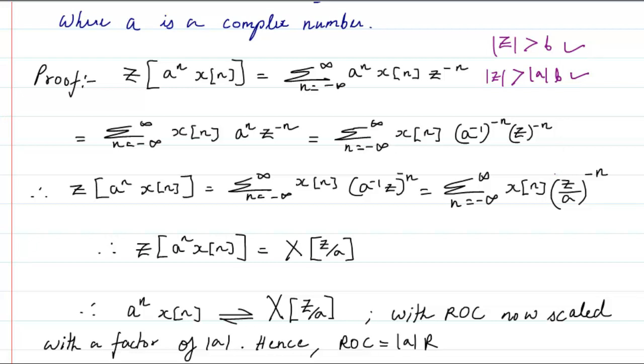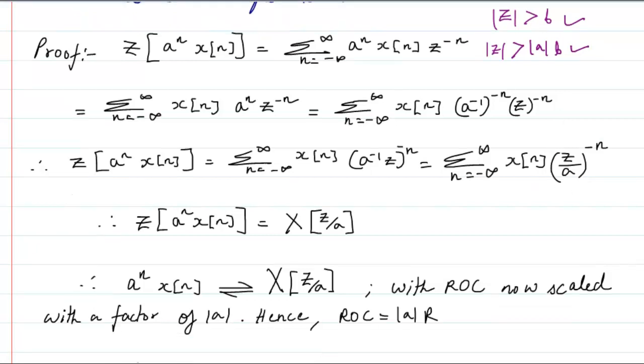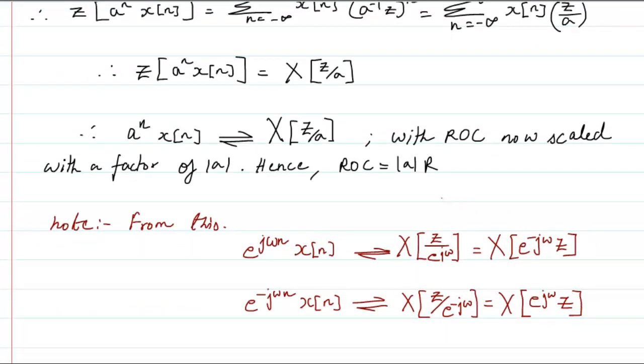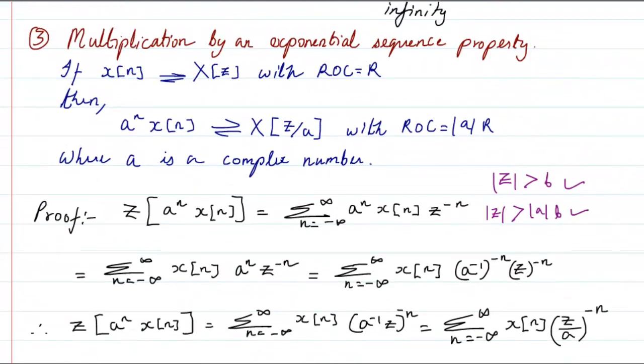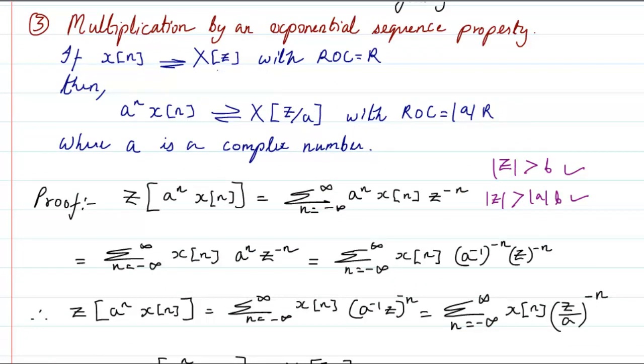So now I am saying that the new ROC will be the old ROC multiplied with the magnitude of a. That is the multiplication by an exponential sequence, wherein when you multiply with a raised to power n, all that is happening is z is changing to z by a.